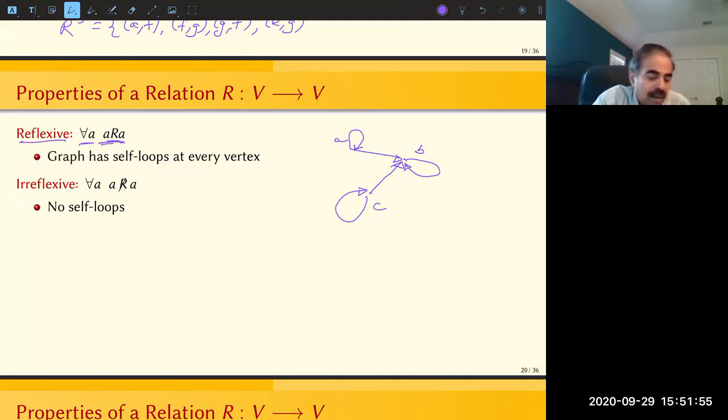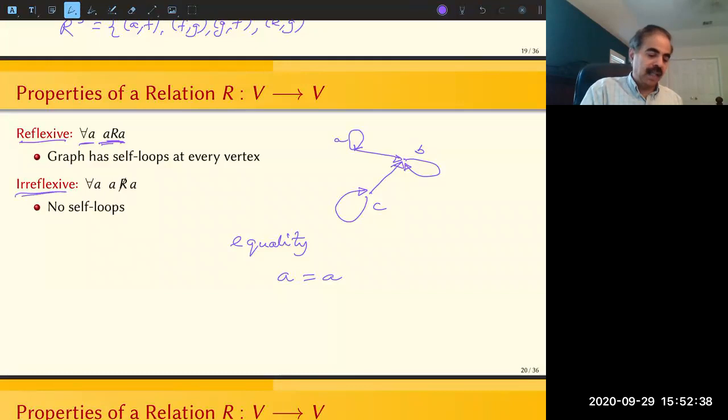Many relations that we come across are reflexive, and the most common one is equality, right? When we talk about equality, we of course say A is equal to A for any A. So reflexivity is a property that we know and understand internally, although you may not have seen it stated in this abstract form, but it is very much a familiar property.